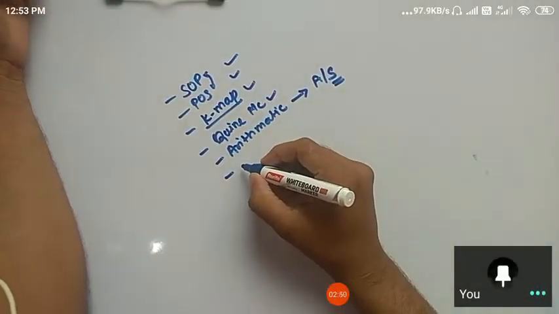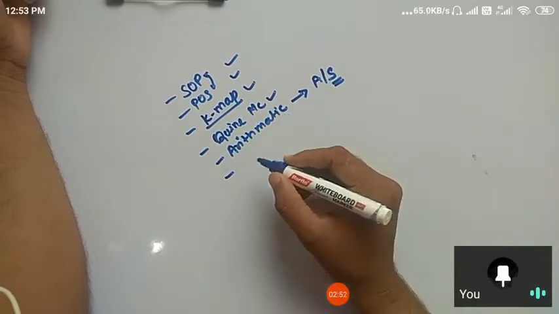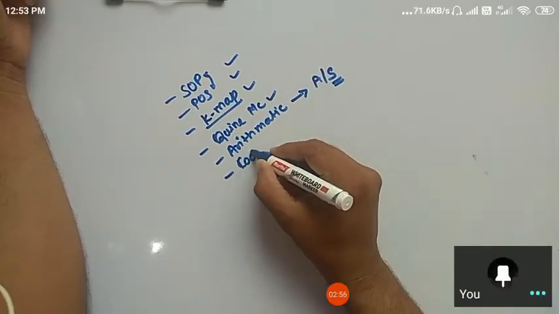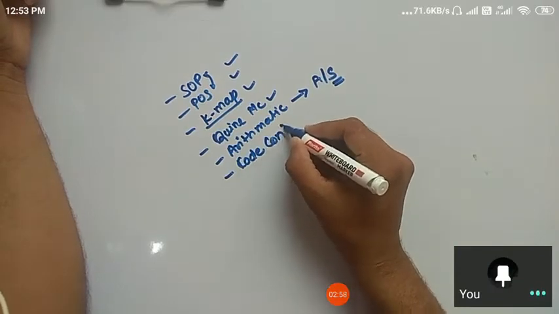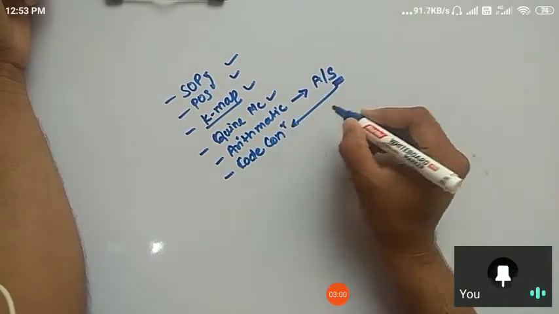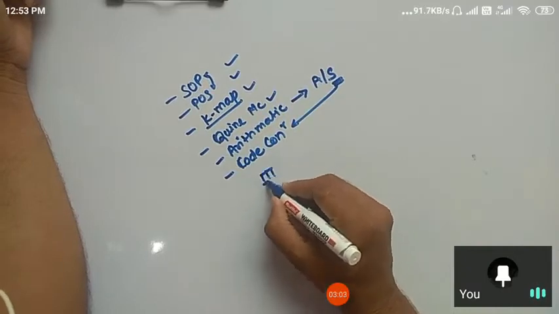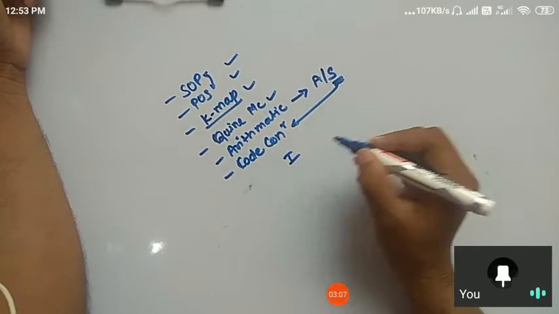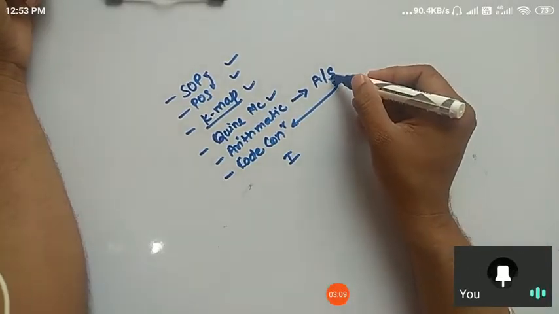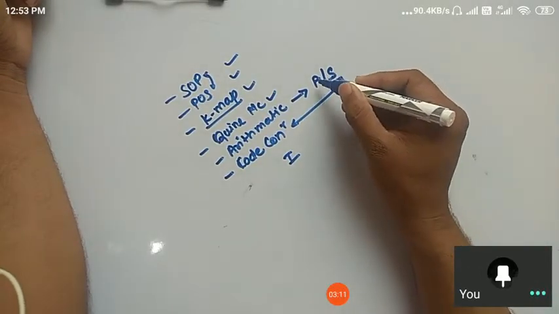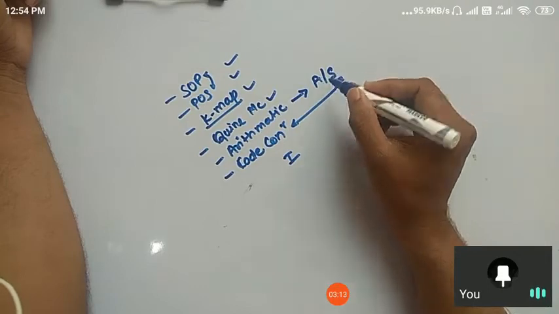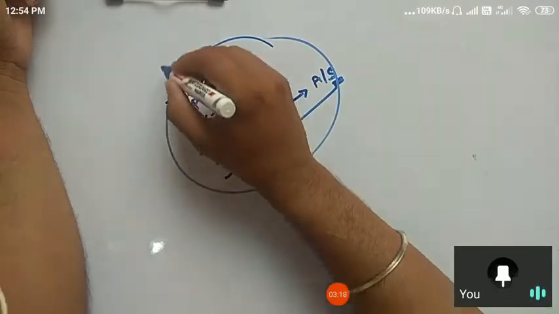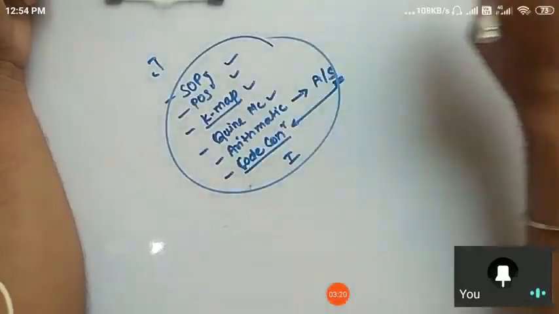After this, it asks to design code converters. So after this subtractor we will go for the code converters, and then unit 3 will start, but our unit 1 is remaining, so we will go for unit 1 after this. So by today we will complete the subtractor. Adder is already covered, so after subtractor we will go for the code converters, and then after revising all these contents, we will go for unit number 1, that is logic families.